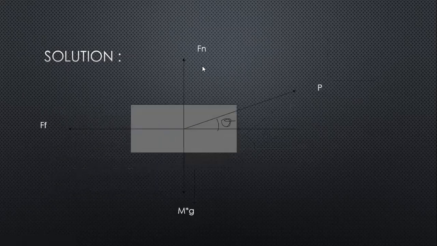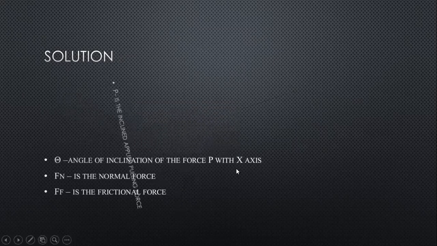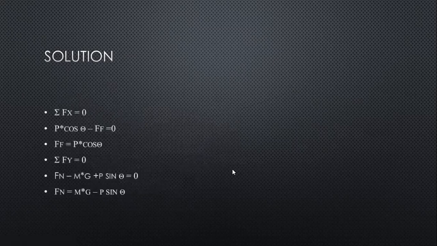Normal force Fn minus mg, where mg is the force due to the weight acting on the box in the downward direction, so it is negative, plus P sin theta is equal to 0.